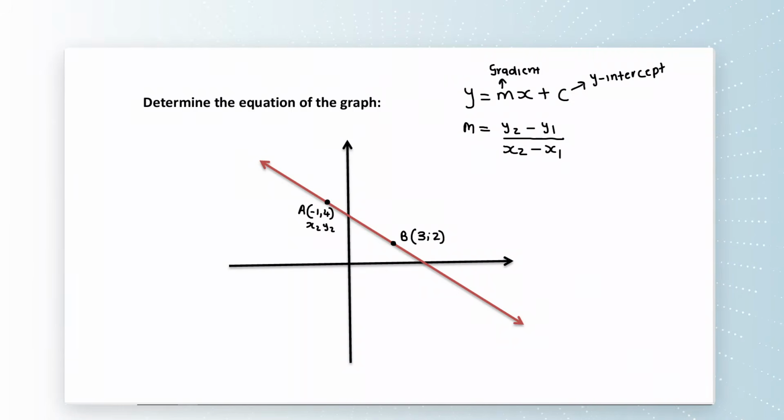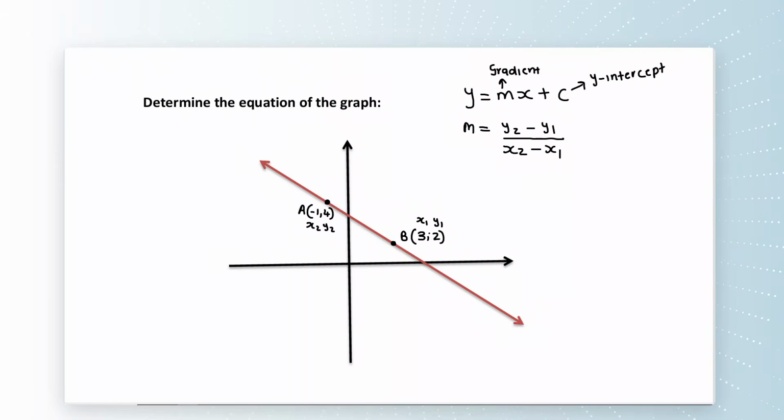Then we're going to have x1, y1. What you cannot do is choose x2 here, then say the corresponding is y1. Once you say this is x2, the other one must be y2. If you decide that it's x1, the corresponding coordinate has to be y1.